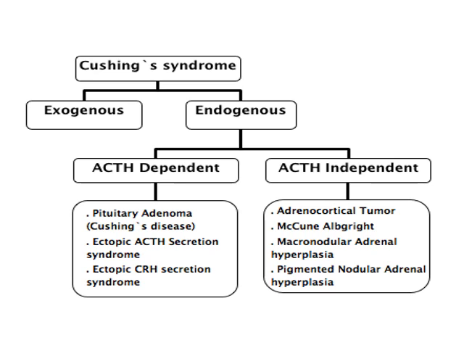The most common cause of adrenal Cushing is said to be unilateral adrenal adenoma, and the most common cause of endogenous hypercortisolism is Cushing disease, and the most common cause of Cushing syndrome is exogenous hypercortisolism or iatrogenic Cushing.